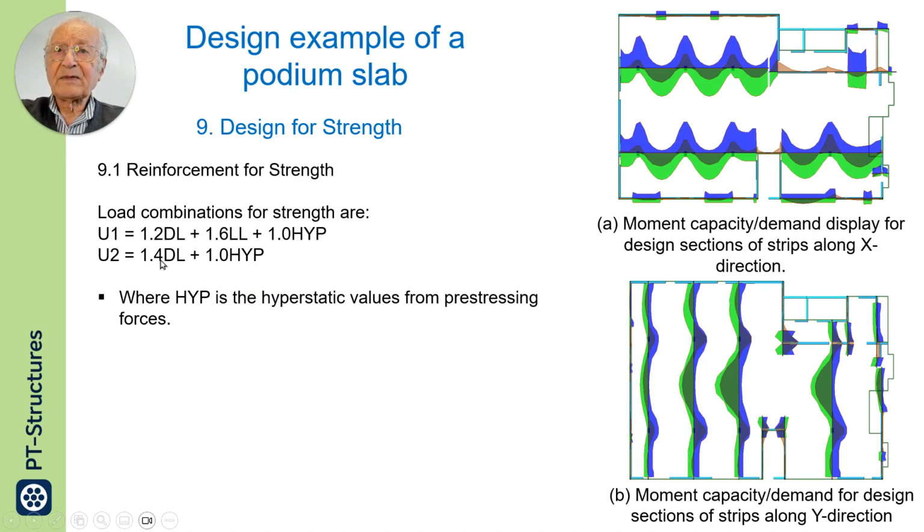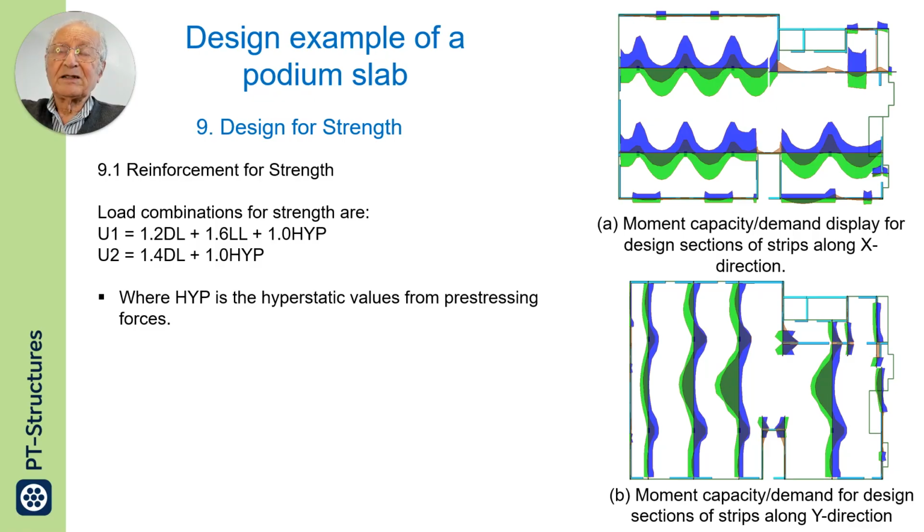In this combination, we have HYP, the hyperstatic value of pre-stressing. For serviceability, I use PT. For safety, I use hyperstatic. The reason for this switch is the method of calculation.